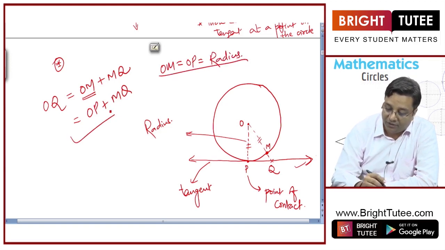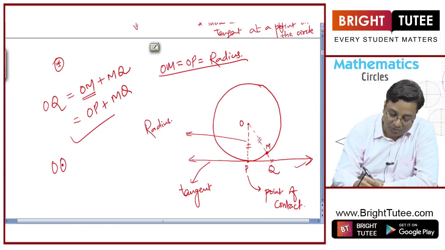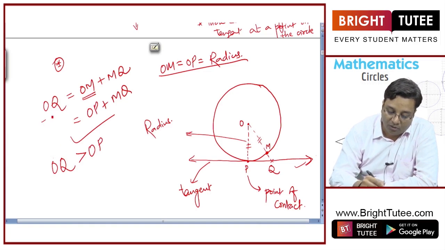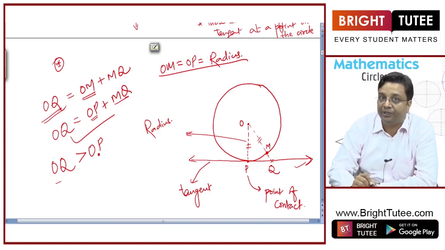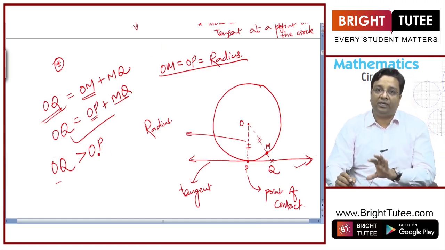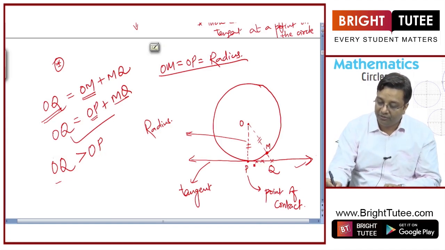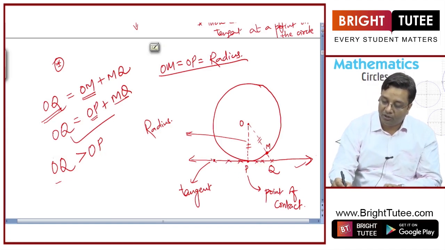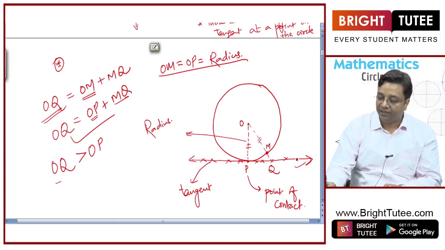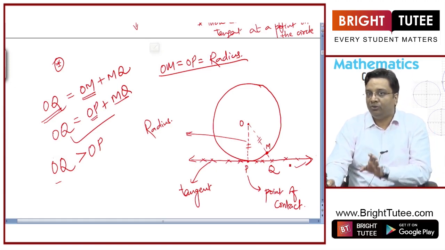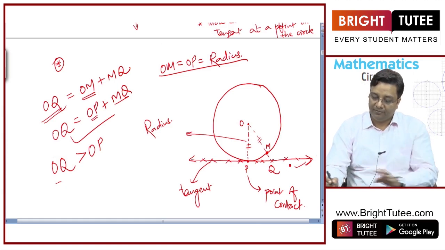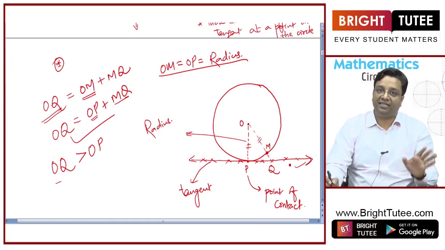So from this what I can say is distance OQ is greater than OP, because OQ is OP plus something, right? So OQ is greater than OP. Now Q is any point apart from P. Q is not a specific point. Q can be here, Q can be here, Q can be here, or anywhere on this line, right? Every time you take Q apart from P, you will see that OQ is greater than OP.